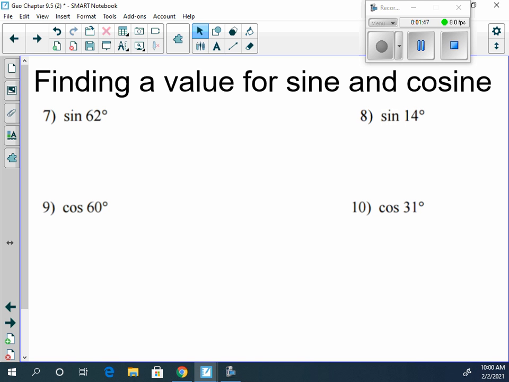And it works out that these work here, and they're kind of nice. But that's actually not what we're doing here. What we're doing here is we're actually finding the value of sine and cosine, because each one of these has a specific value.